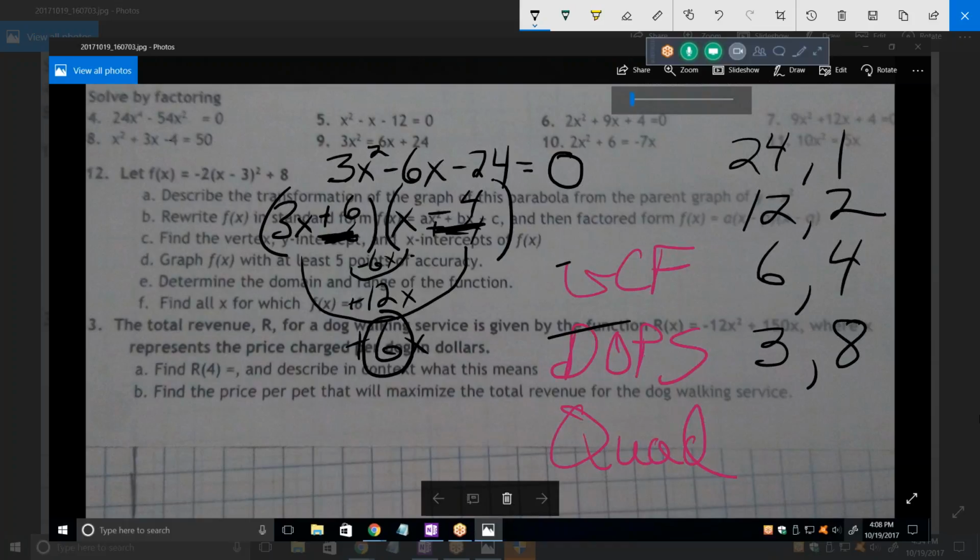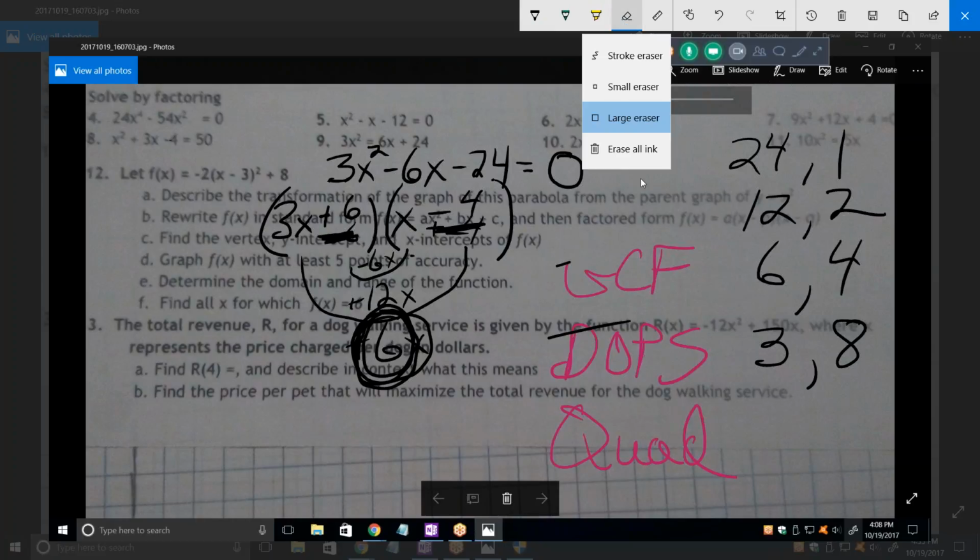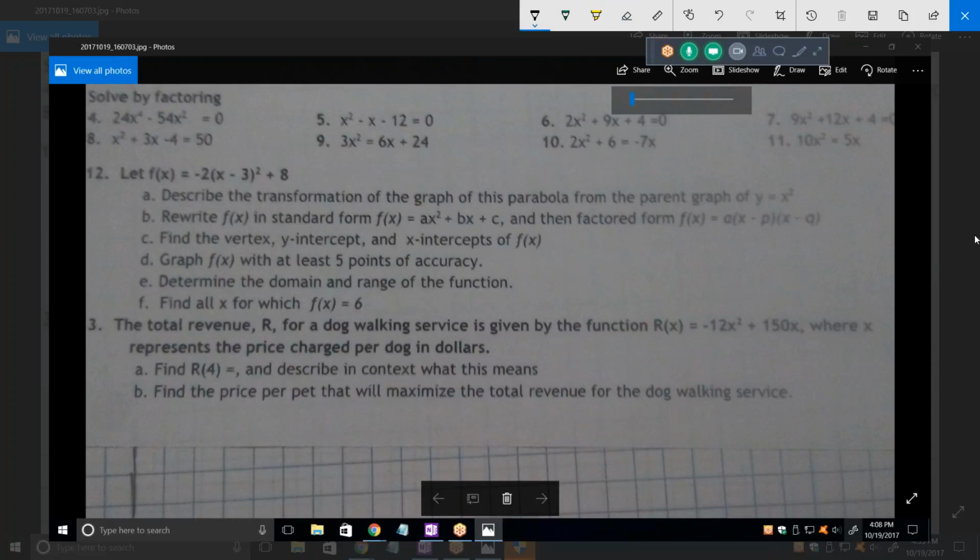But if you get the right middle number but the wrong sign, then it's easy. Then you just take the same 2 numbers and move them to the other sign. Okay. And that gives you the right answer. All right. That was number 9.